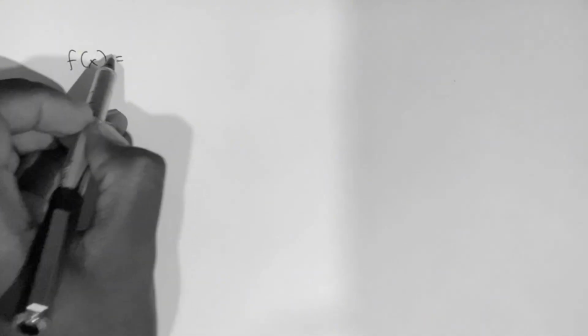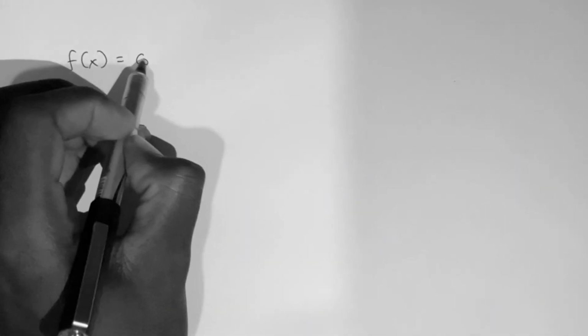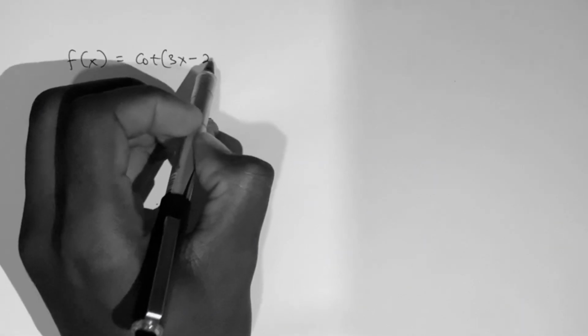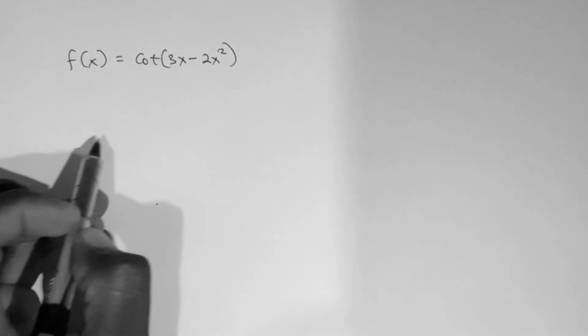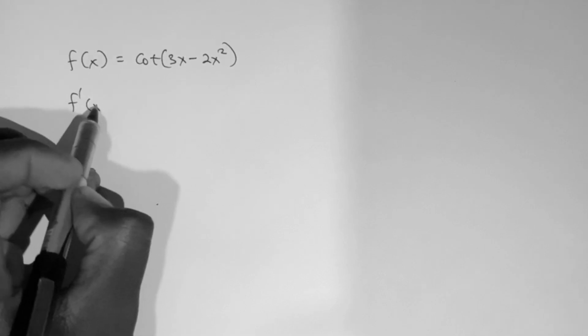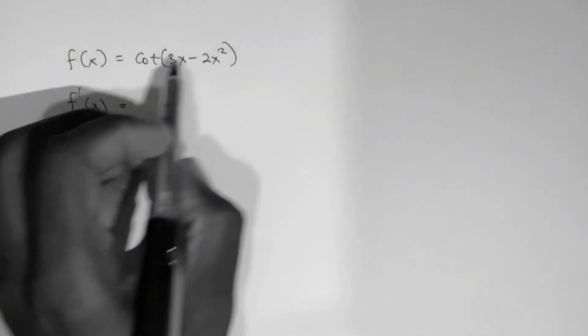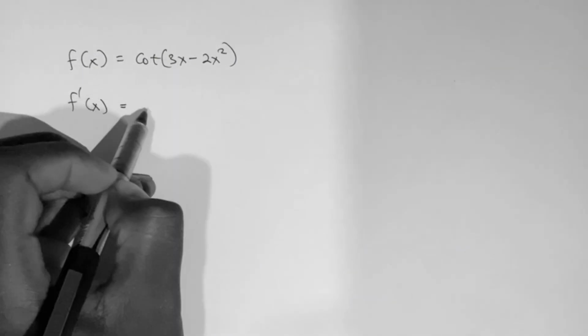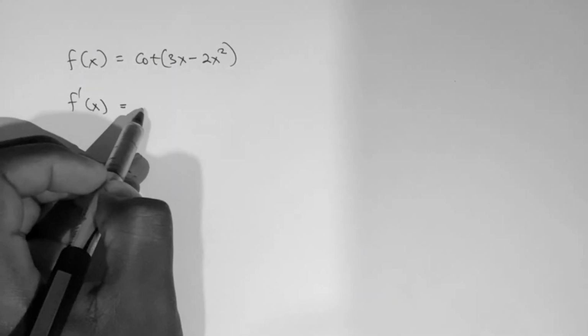If f of x is equal to cot of 3x minus 2x squared, what is f prime of x? F prime of x is equal to, you differentiate 3x minus 2x squared. If you differentiate 3x, you will get 3.